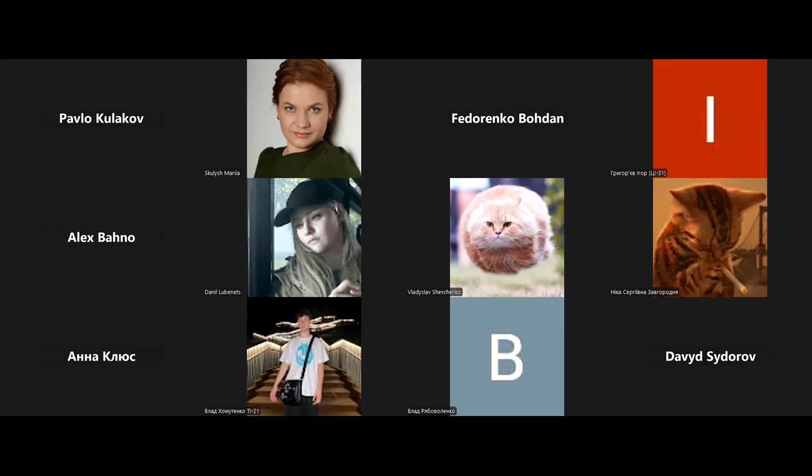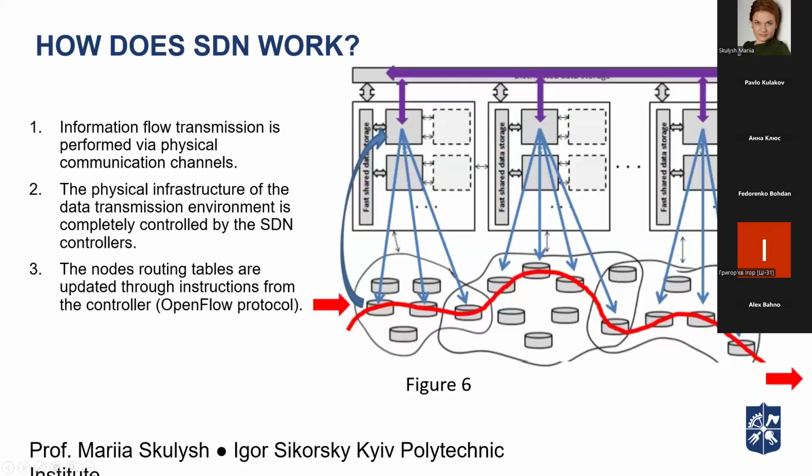So, the main feature of software-defined network is that some processes, like routing requests and routing flows, are solved somewhere in a controller or group of controllers, which control part of the network or network segment for understanding how to transmit data from one point to another point somewhere on the other side of the network.